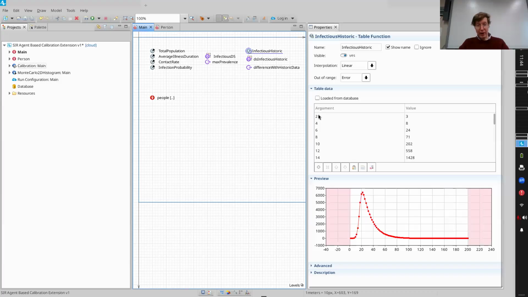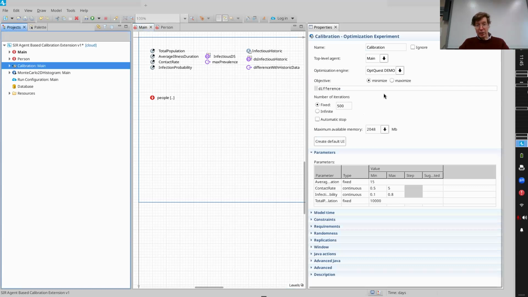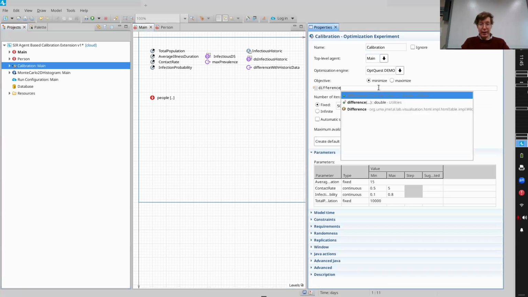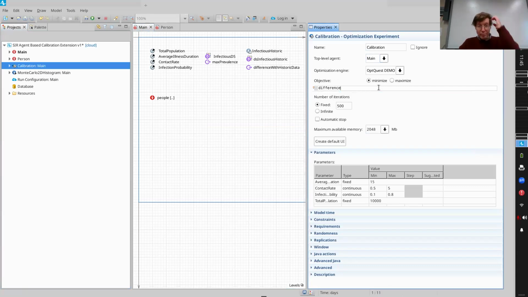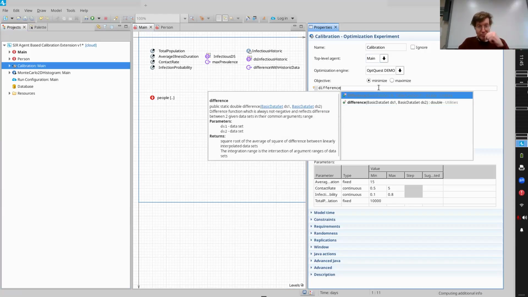I believe it'll be for these particular time points and what the model gave. And as it says, taking the average square of the difference between those.